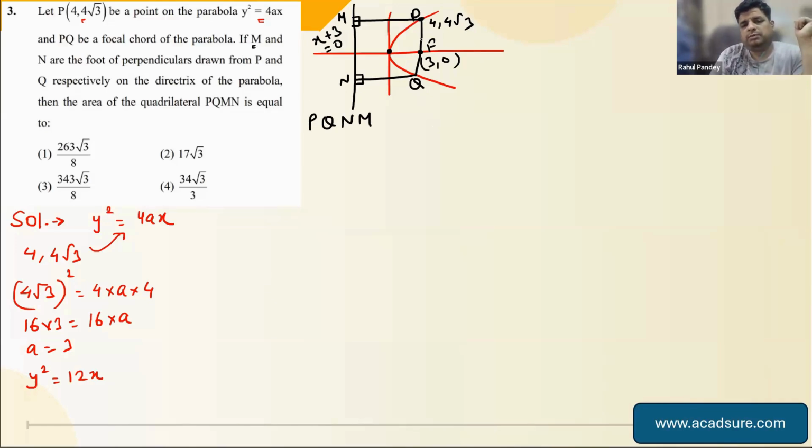Now if you observe, from point P we have a perpendicular to the directrix which will be parallel to the x-axis. Similarly, from Q we have a perpendicular to the directrix which is parallel to the x-axis. So PM and QN are parallel to each other, which means this quadrilateral is a trapezium.